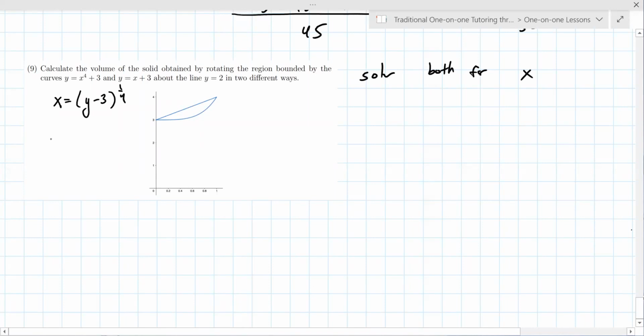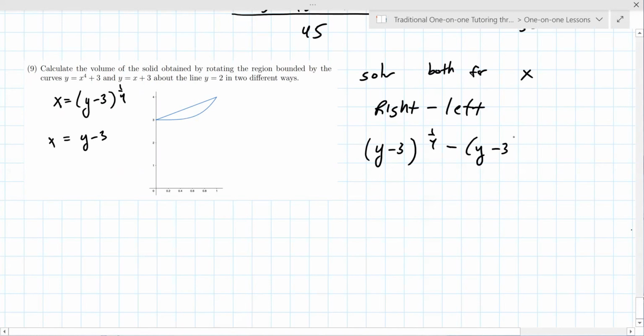And this other one is going to be x equals y minus 3. The way you do these curves is right minus left. You remember that? So it's this curve, y minus 3 to the 1/4, minus the quantity y minus 3.